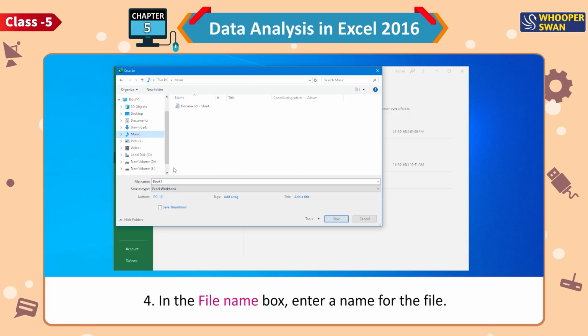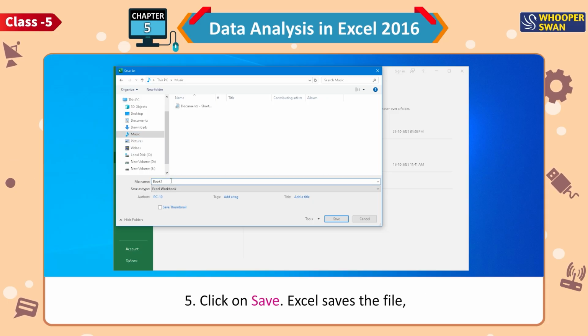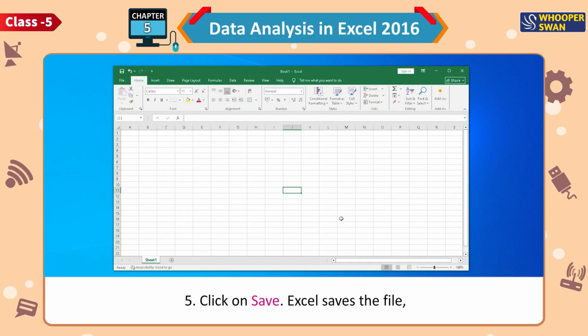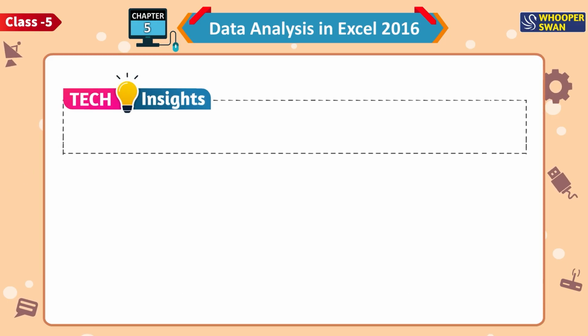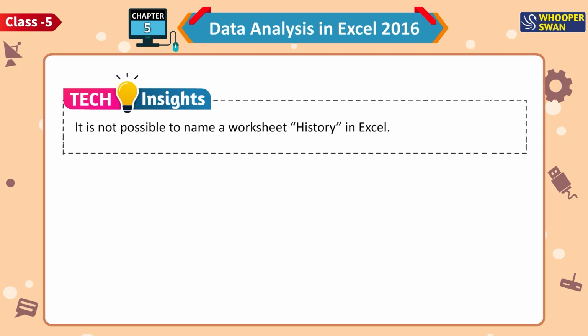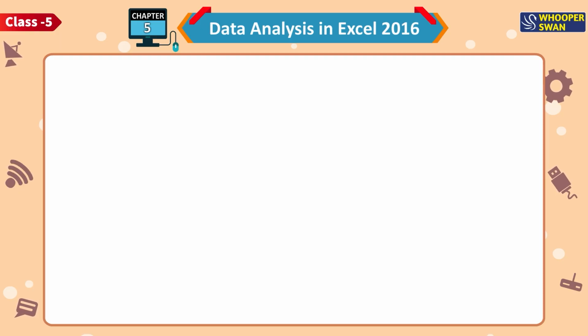Step 4. In the File Name box, enter a name for the file. Step 5. Click on Save. Excel saves the file, and the new file name appears on title bar. Tech Insights. It is not possible to name a worksheet History in Excel.